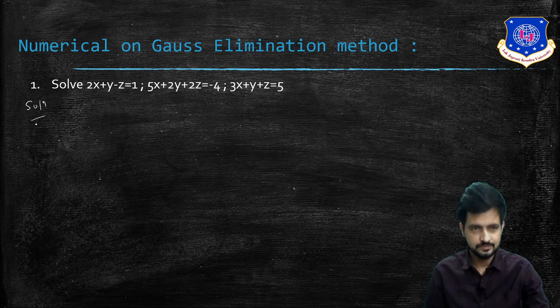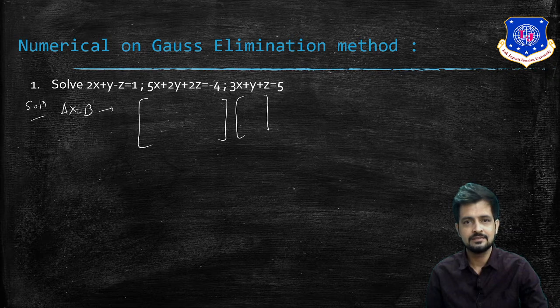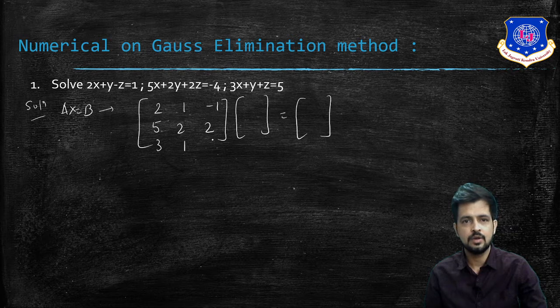First of all, I have to write it in the Ax is equal to b, that is matrix form. So the matrix form can be written like this: 2, 1, minus 1, 5, 2, 2, and 3, 1, 1.